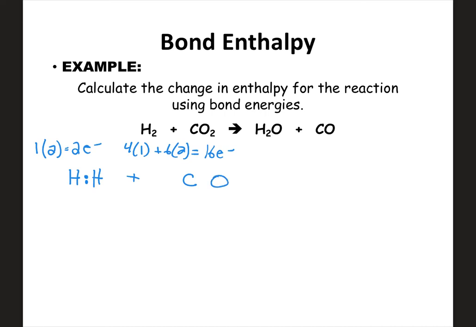There's two oxygens, so one on each side. They have to share at least a pair by definition of covalent. Then make everybody happy. Carbon needs 4 more in order to have that magic number of 8. Each oxygen needs 6 more in order to have that magic number of 8. When I do this, I quickly realize when I total up my electrons now, I'm at 20.